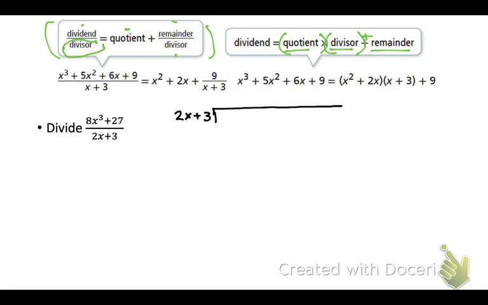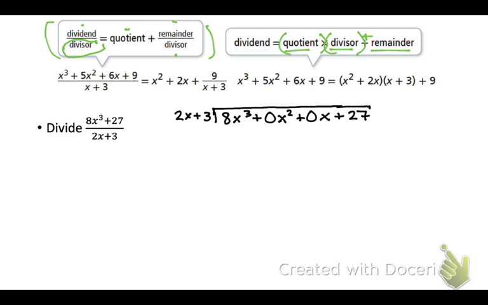Yes. Are there gaps? Yes. So I need to fill the gaps with what? Zeros. So I have 8x cubed plus 0x squared plus 0x plus 27. Now, could I put minus 0? You could, but our brains don't like subtraction very much anyway, right?